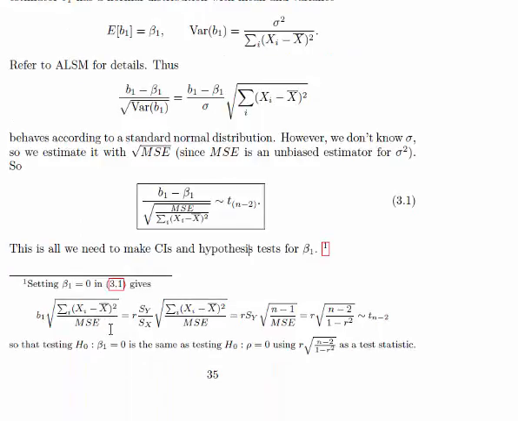If beta1 equals 0, then when you're making a hypothesis test with a null hypothesis that your slope is 0, it's the same as testing for the true correlation to be 0. Okay?